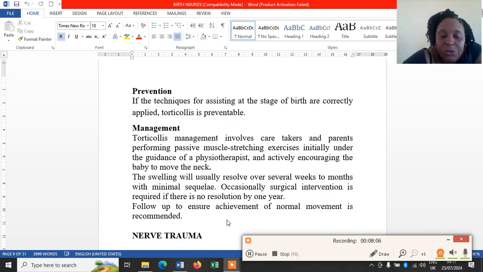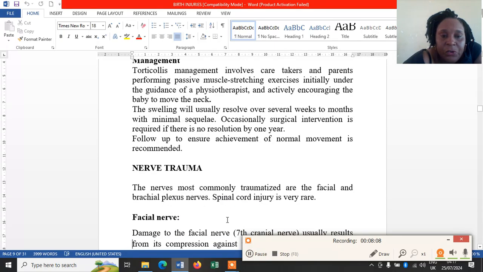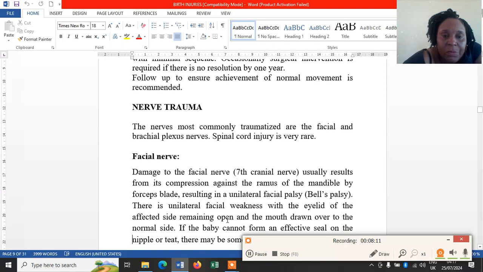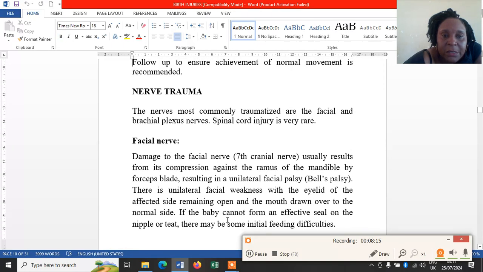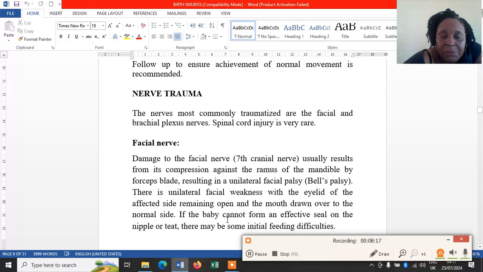Okay, let's continue with the nerve trauma. Under the nerve trauma, we are going to look at the nerves that are susceptible to injury during birth.